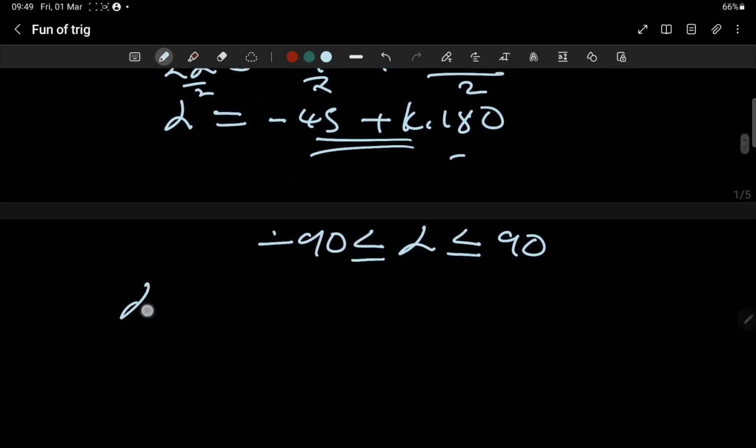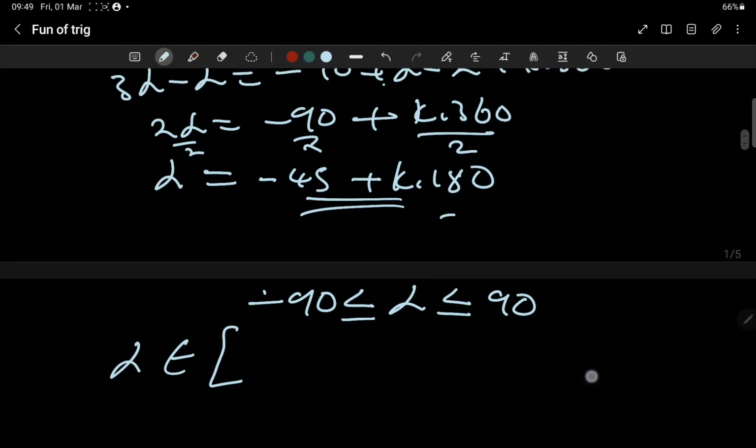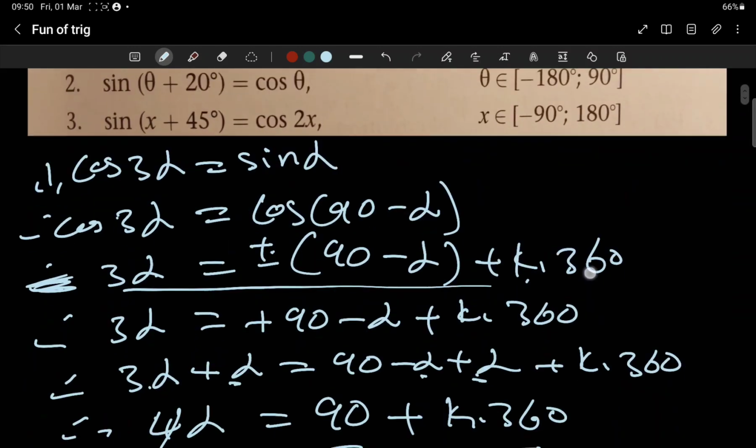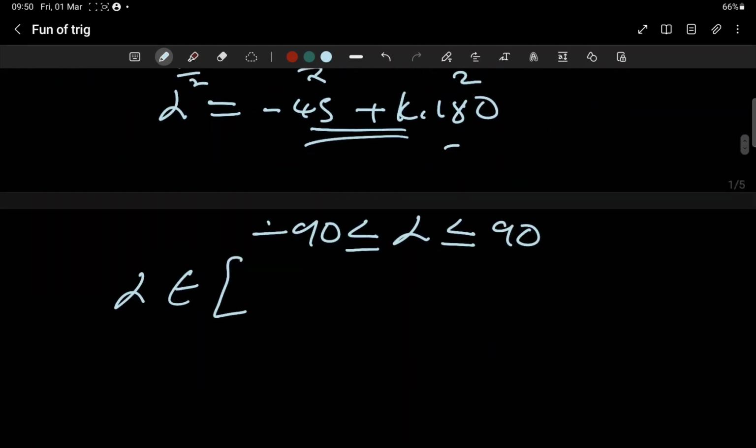How do we get them? Let's say alpha is an element of those values. This is what we are going to do. Remember, we're dealing with cos here. k is an element of the integers. What are those integers? The integers for cosine will be negative 1, 0, and positive 1 only.